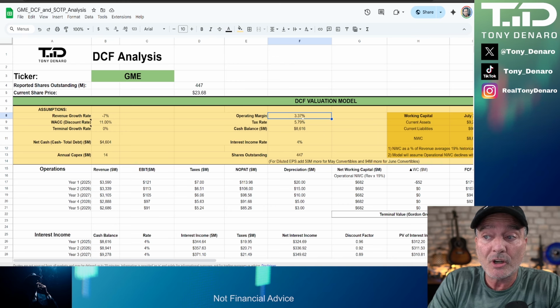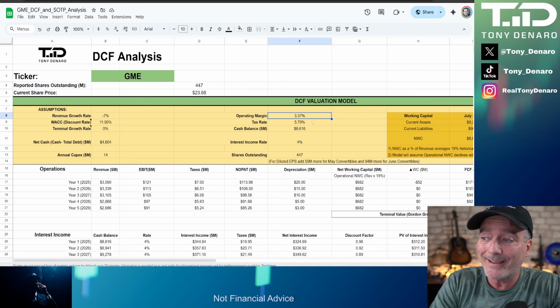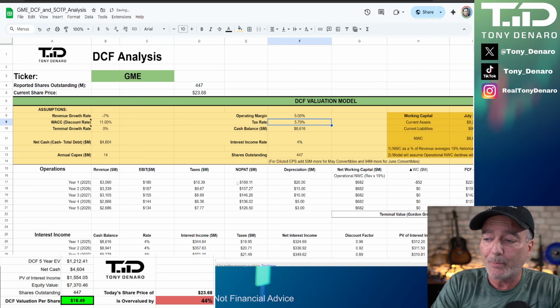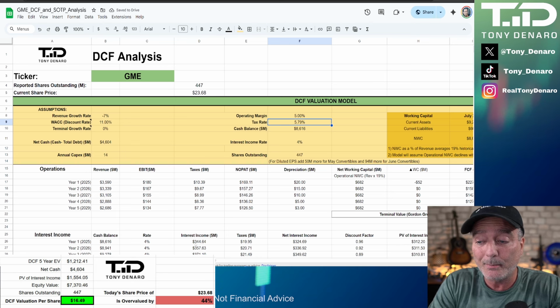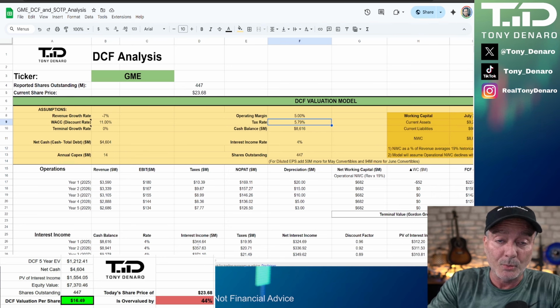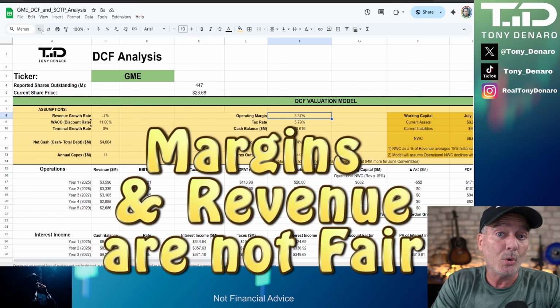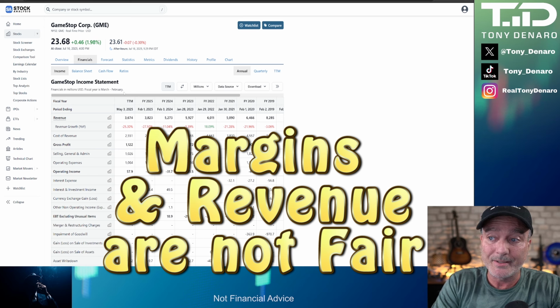We could change our assumption up here in the top right of the assumptions from 3.37% operating margin to, let's say, 5%. You can see NOPAT changes here to 170 million plus our interest income. There's your $500 million, and it will calculate the fair value for us down there. Someone said the operating margins and the revenue assumptions you are using are not realistic. I just want to let you guys know the operating margin, 3.37%, came from GameStop's numbers.